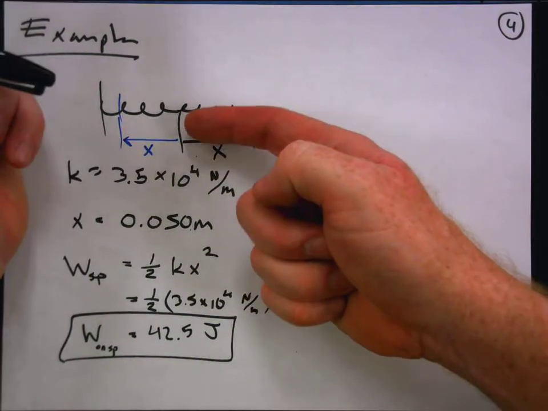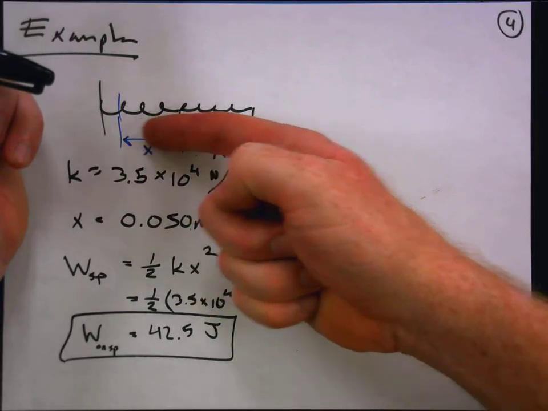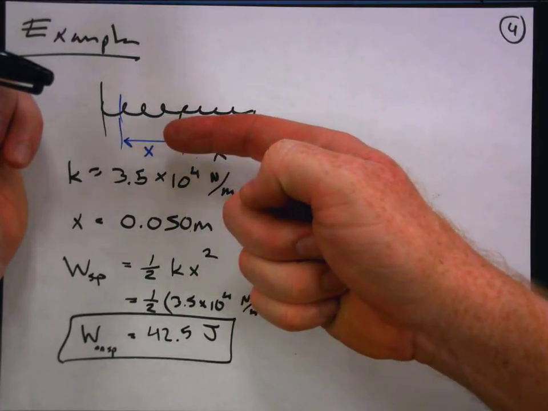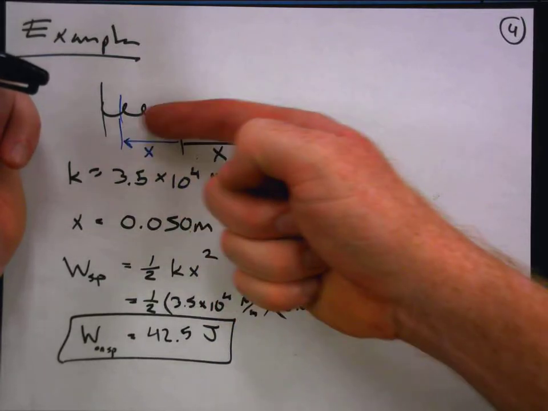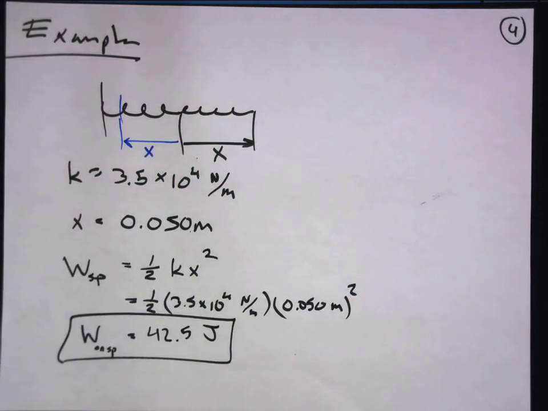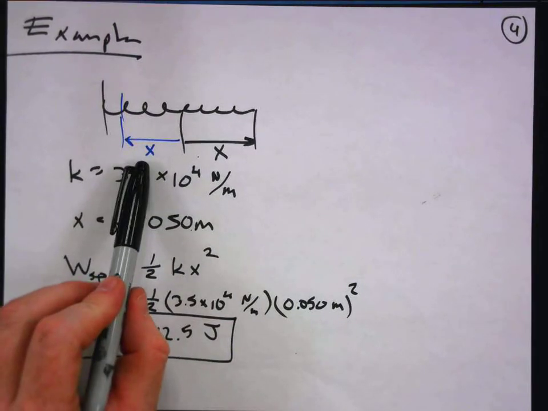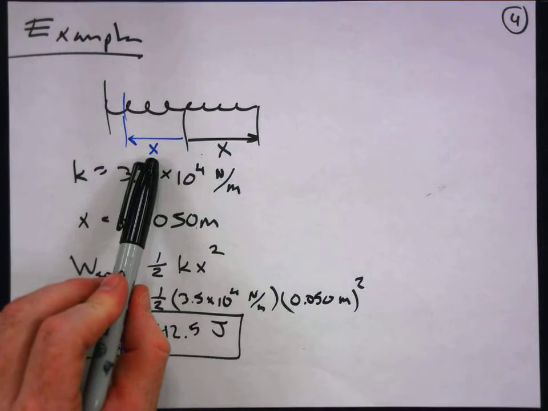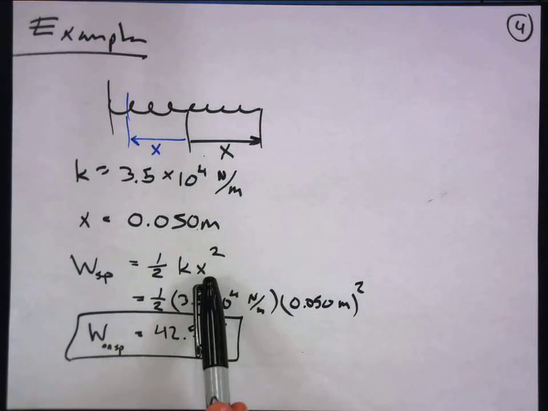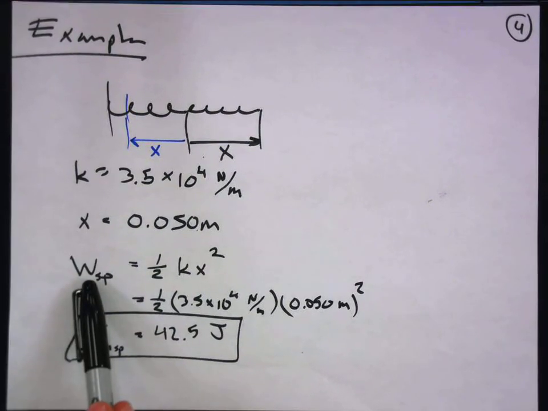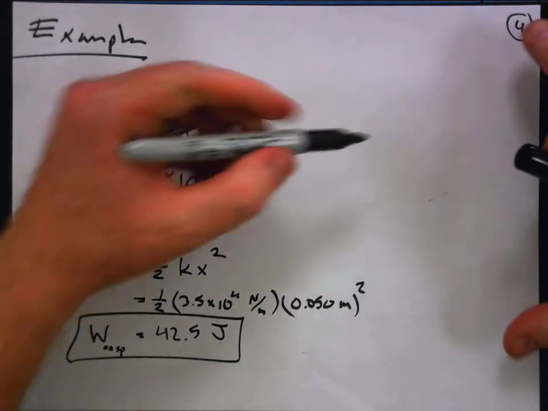Well, with the force in the exact same direction as the distance traveled, theta is 0, cosine of 0 is 1. You should get a positive amount of work done. There's another way of thinking of it. Even if I make that a negative value for x, I'm going to end up squaring it. X is squared. I'm still going to get a positive value for the work done. It seems to work out either way.